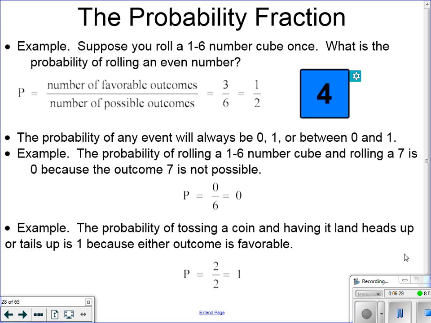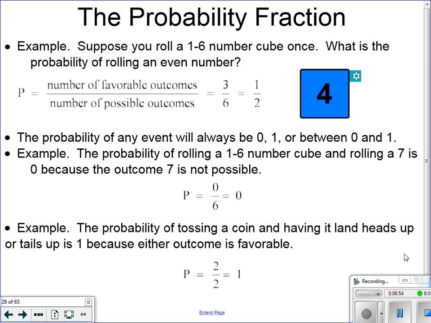On the rest of this slide, the probability of any event will always be 0, 1, or between 0 and 1. So the probability of rolling a 1 through 6 number cube and rolling a 7 is 0 because the outcome 7 is not possible. So there's no 7 on there, so we have 0 favorable outcomes.